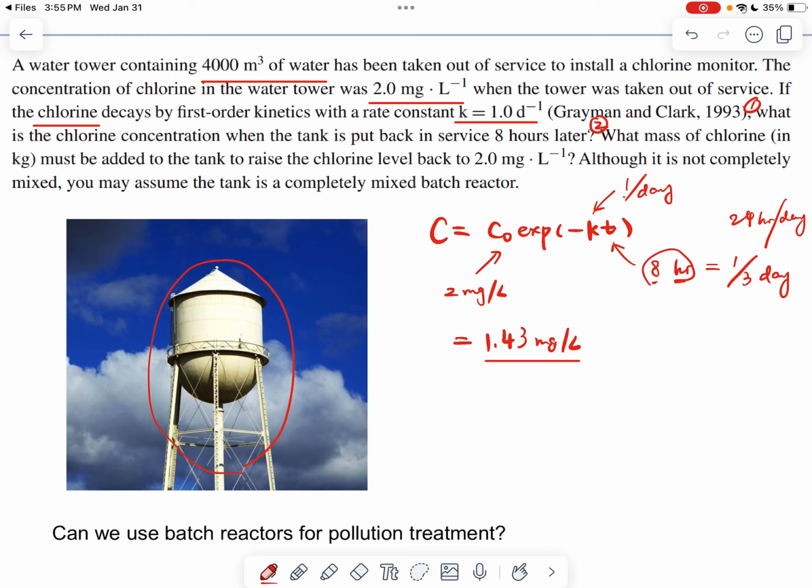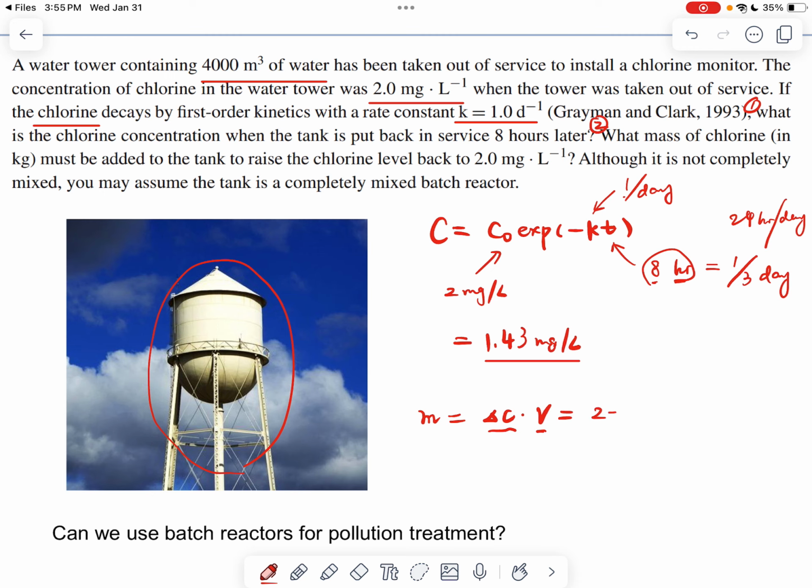So if we want to find out the additional mass, right, you need to find out basically how much concentration is being changed during this time. So you need to find out delta C and then multiply that by the volume. Right, the change of the mass concentration multiplied by the volume is a change of the total mass.